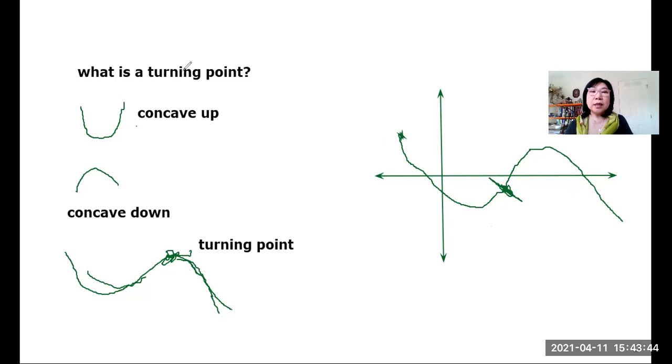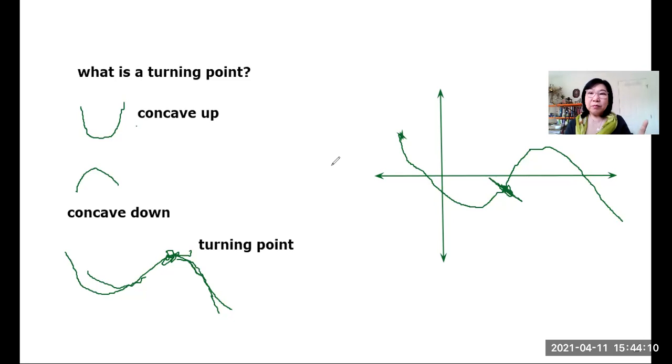So when they say that the polynomial function has at most n-1 turning points, it means if you have a polynomial function with degree 4, it could have up to 3 turning points. It never has 4 turning points, right? Because we say n-1.